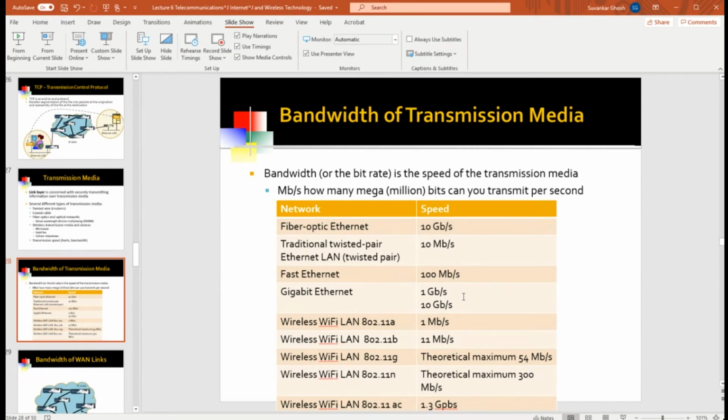Now, if you want even higher speed than that, then you can get fiber optic Ethernet. Here, it's still an Ethernet network. In other words, the link layer protocol is still Ethernet, which is what makes it an Ethernet network. But if you chose fiber optic instead of copper, then you can push the speeds to 10 gigabits per second.